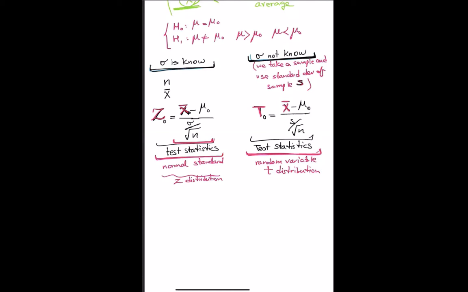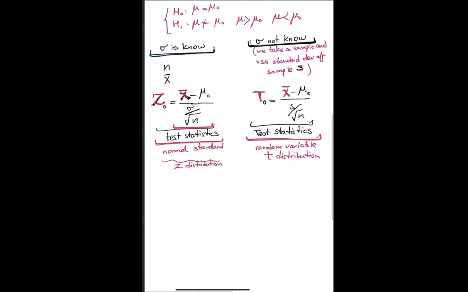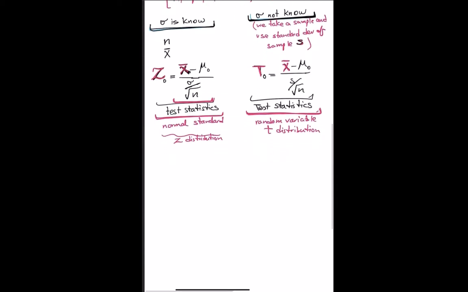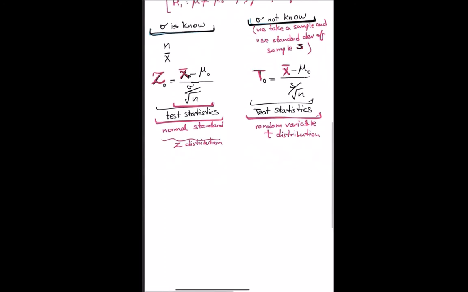Okay, so it's important for you to be able to put together the test statistics associated with each one of these tests, because those are the ones you're going to use to make a conclusion about the test, right? So if we have a two-sided test, let's say our alternative hypothesis, for example, is mu is not equal to mu null.